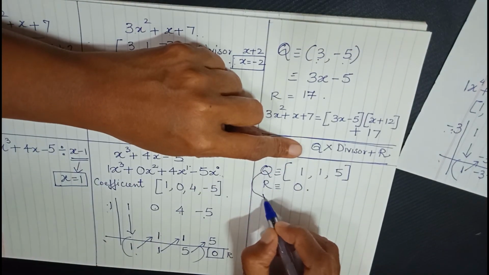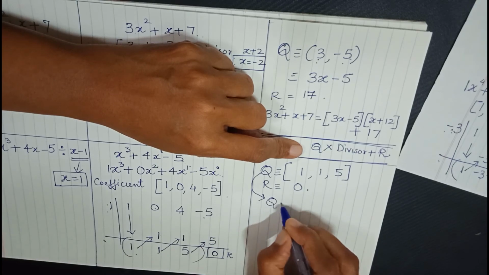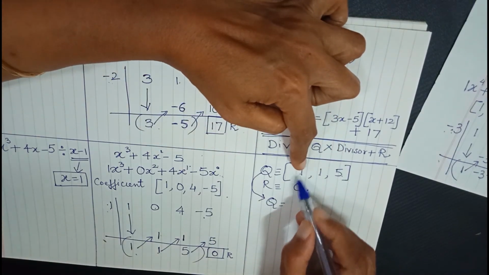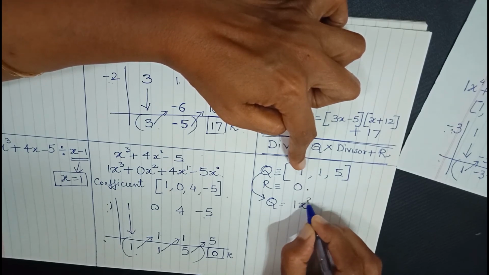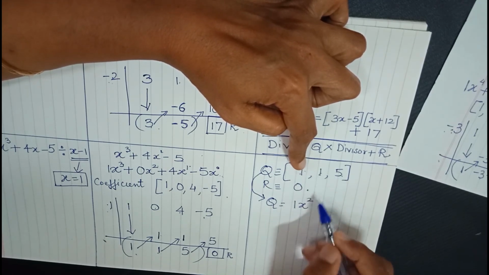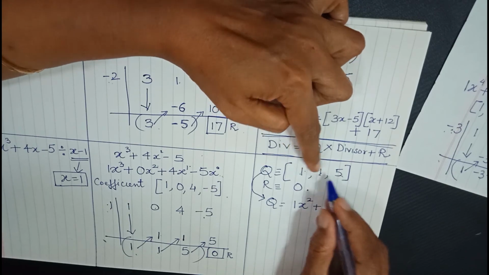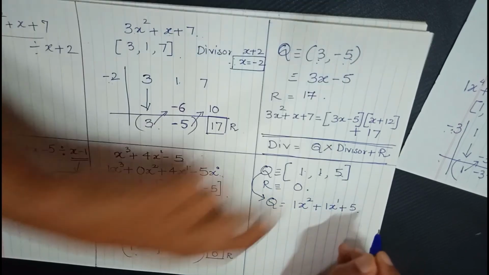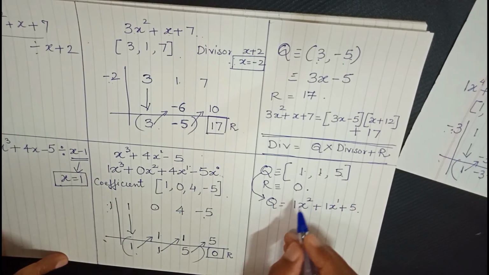So now let's write this quotient in a proper equation form. This is 0 degree, 1 degree, 2 degrees, right? So 1 x raised to 2, right? 0, 1 and 2, so 2 power. Now this is 0 and 1. So 1 x raised to 1 plus 5. This is the quotient and remainder is 0.